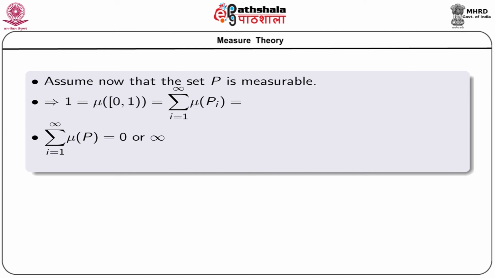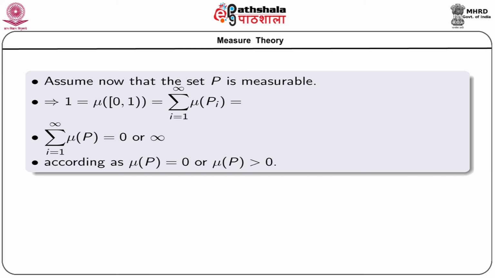We have already seen that mu of E plus dot x is equal to mu E for any measurable set E. So, each mu Pi is equal to mu P. So, we are adding a constant number, an infinite number of times, and the result is that on the right hand side we will get either 0 or infinity according as the measure of the set P is 0 or the measure of the set P is greater than 0.